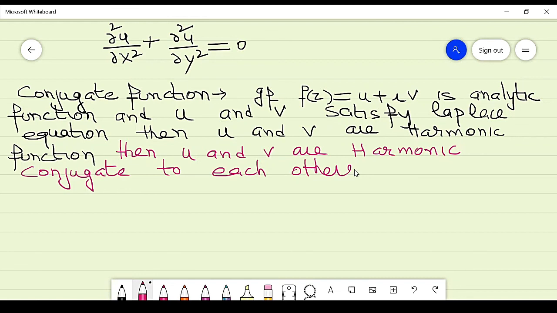So this is the definition of conjugate function.